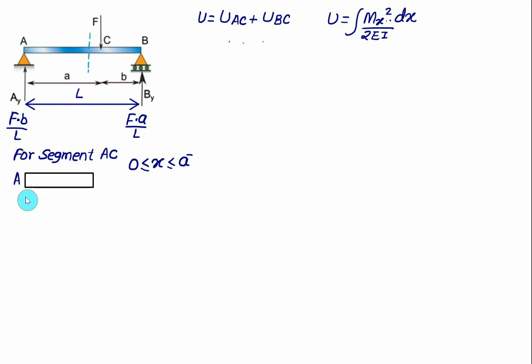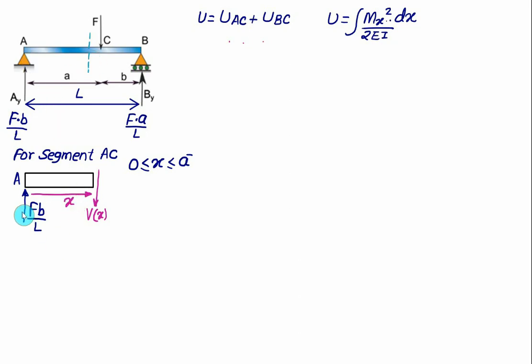At point A we have one vertical force acting, and this vertical force is F multiplied by B divided by length L. So we have an internal reaction here, which we can show equal to V of x. Let's say this section is at a distance equal to x. This value of x is from 0 to A minus.